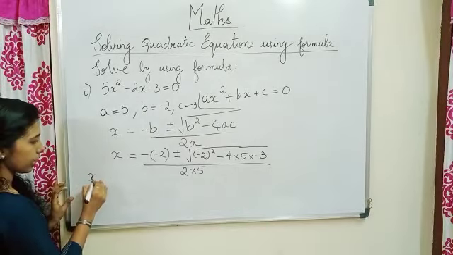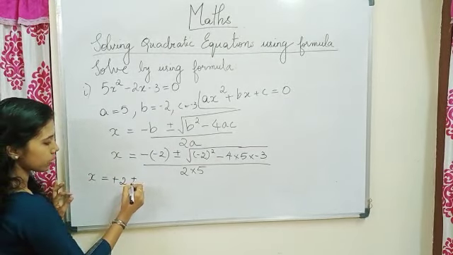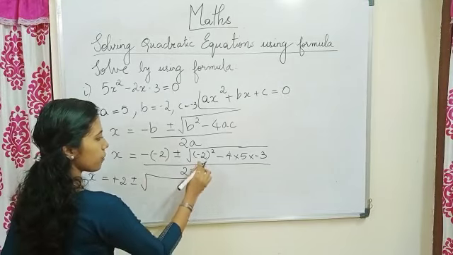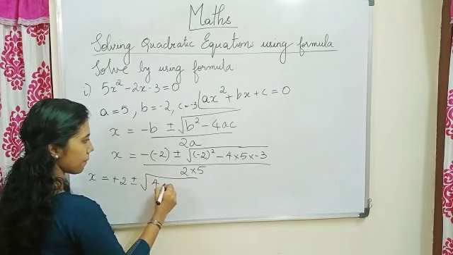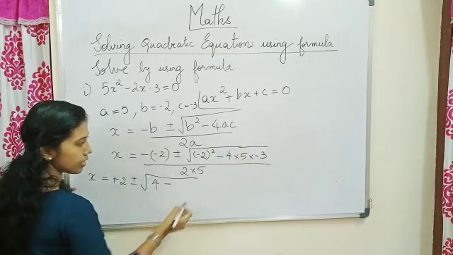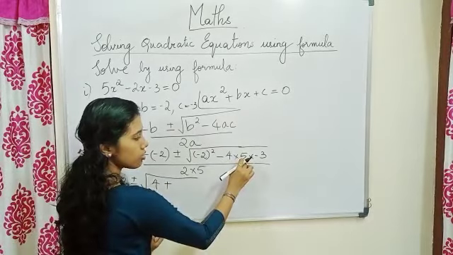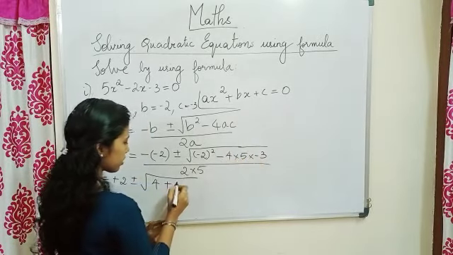Then on solving, x is equal to minus into minus plus 2 plus or minus root of minus 2 the whole square is 4 minus 4 into 5 into minus 3, that is minus into minus will become plus. Then 4 into 5 is 20, 20 into 3 is 60.